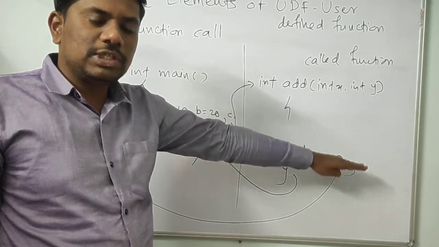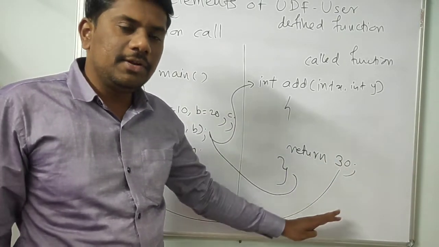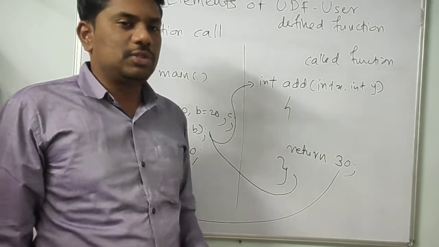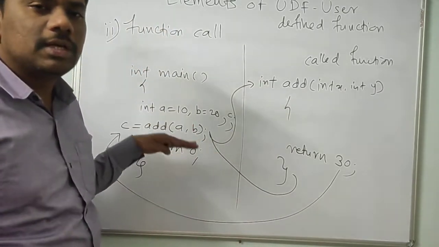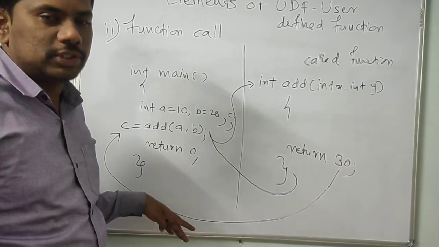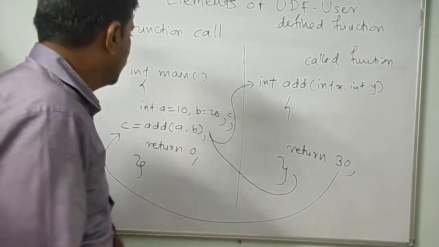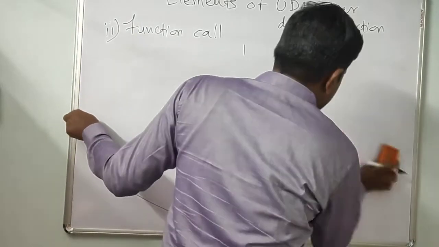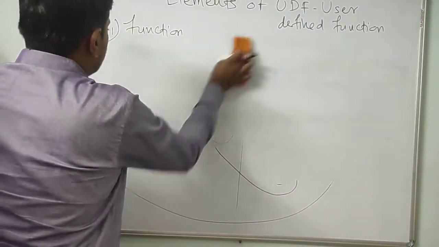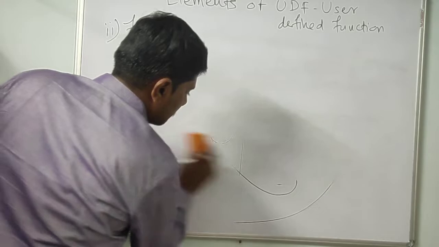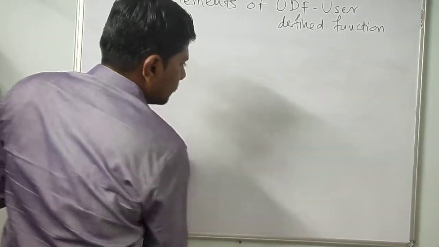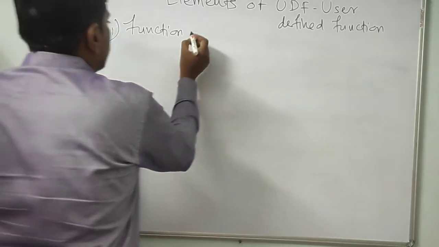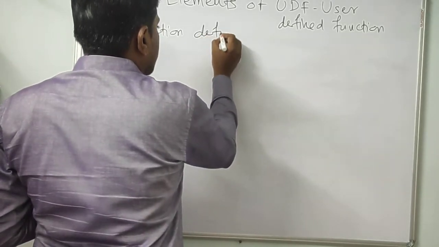Once the execution of the function definition is finished, it will return back to the same point where it left the execution, and then it will continue the remaining part of your main function. You should remember this, it is very important. So this is the second element, function call. And the third one is function definition.